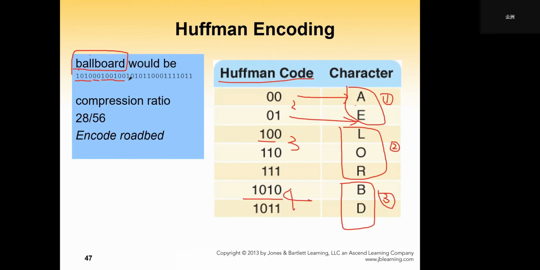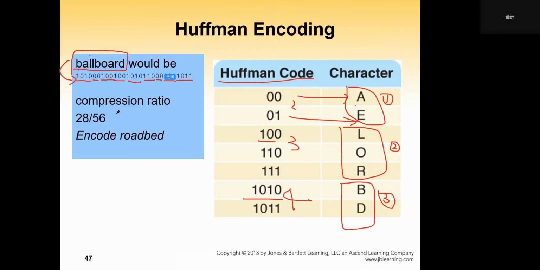And then B is 1010, O is 110, A is 00. Okay, I'm sorry, 00, not 001, 00. And R is supposed to be 111. And D is supposed to be 1011. Okay. You can write its original string.